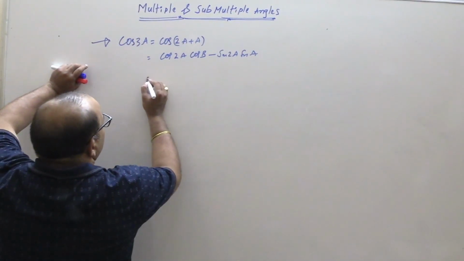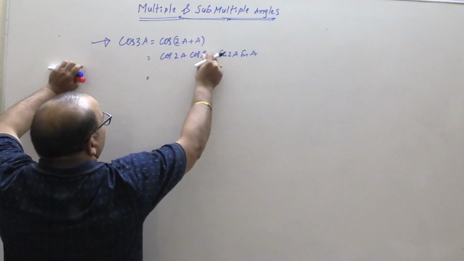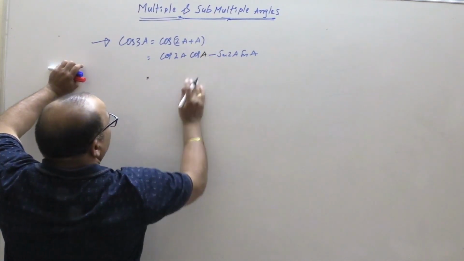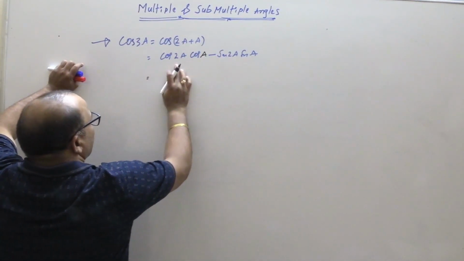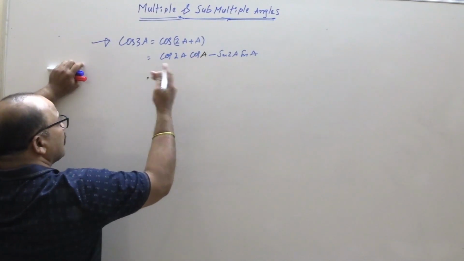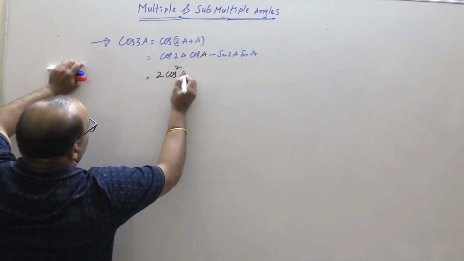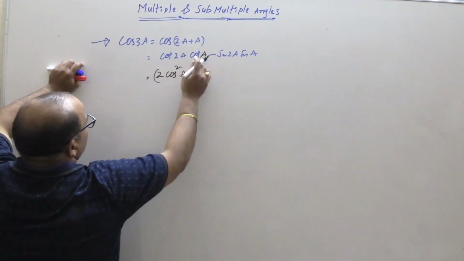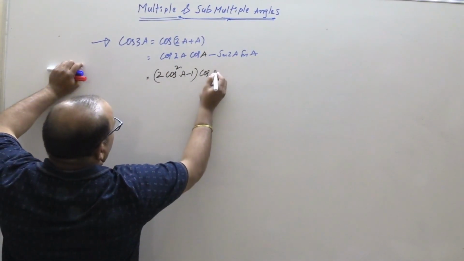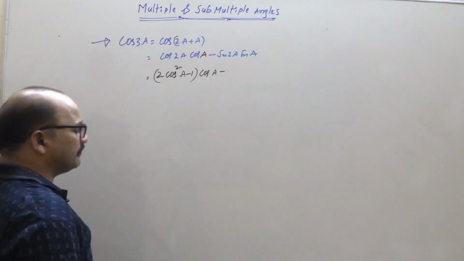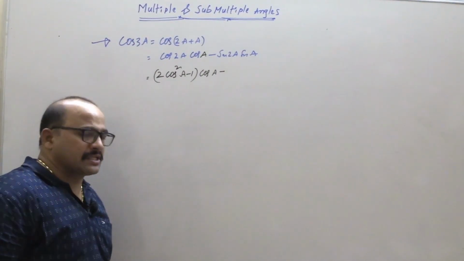Cos 2A formula, in the place of B I am going to write A. Sorry, the cos 2A formula in terms of cos is 2 cos square A minus 1. In here cos A, again sin 2A. Sin 2A you have to substitute.